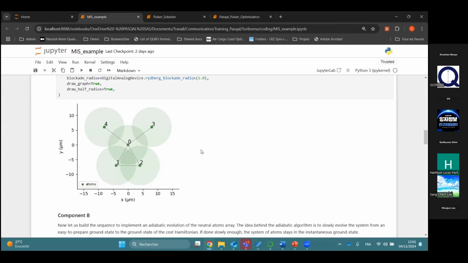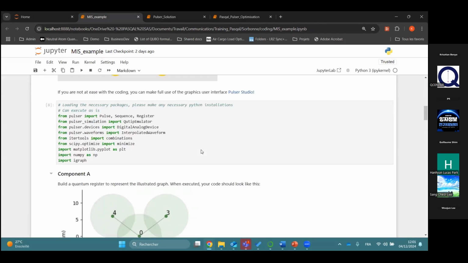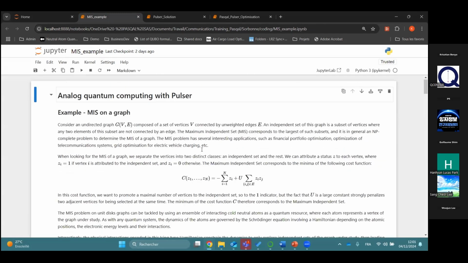So first of all, I wanted to go back to my initial example that I presented on Monday, which was the maximum independent set solver. For the maximum independent set solver, as we have seen, the objective was for a given graph to select a maximum number of nodes such that no two nodes are connected by an edge.